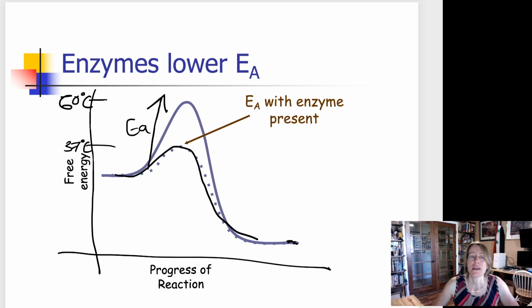But you can have this reaction go at 37 degrees if an enzyme is helping it out. And luckily in our bodies, we have hundreds of different enzymes that help with all the hundreds of different reactions that we need to get done so that all those reactions can happen at 37 degrees Celsius or body temperature when they wouldn't normally.